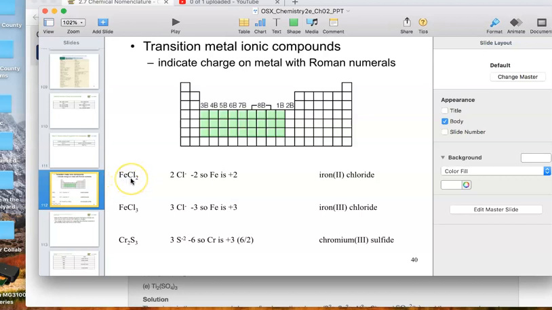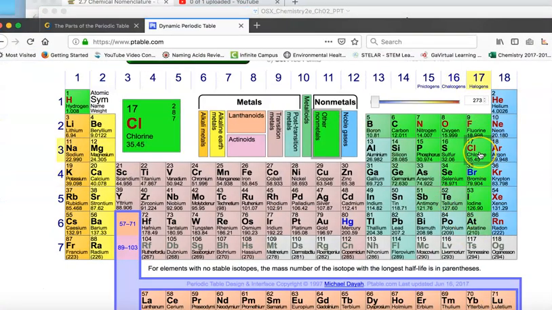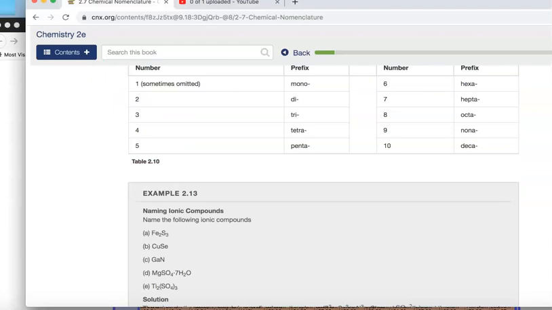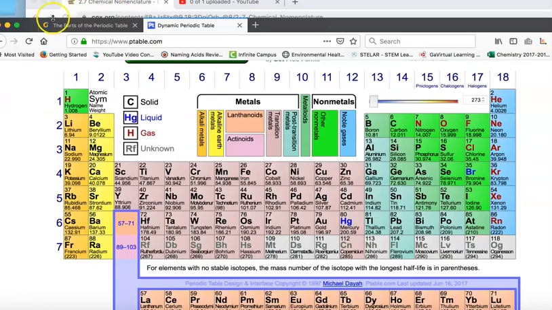So we know that chlorine has a -1 charge because it's a halogen. And if we go back and look at our periodic table here, chlorine is a halogen. It has -1 charge.